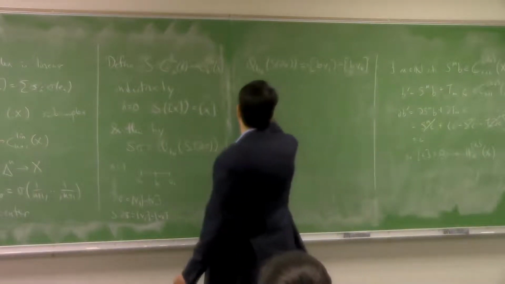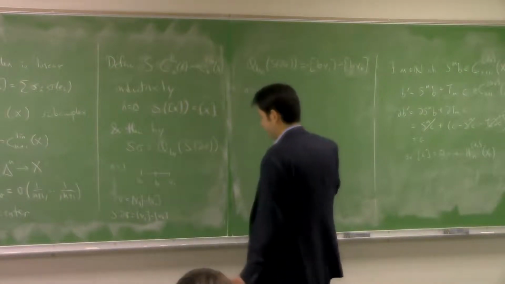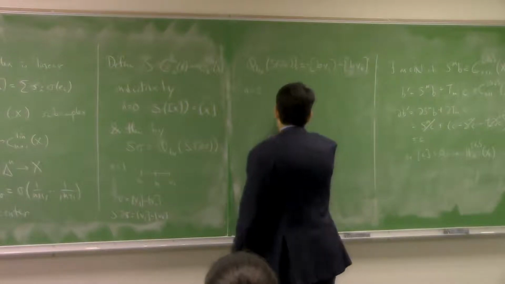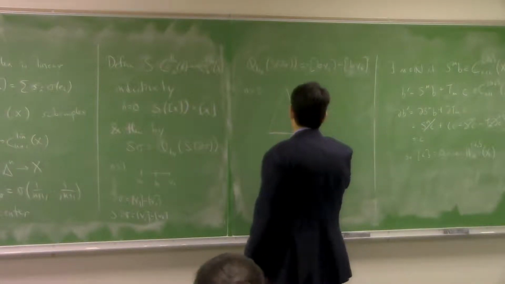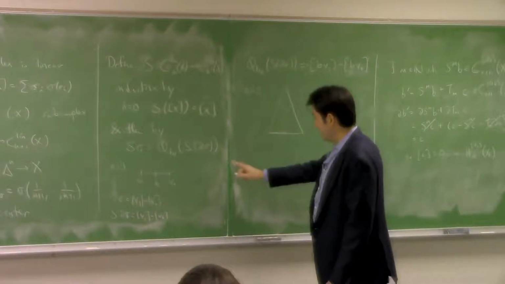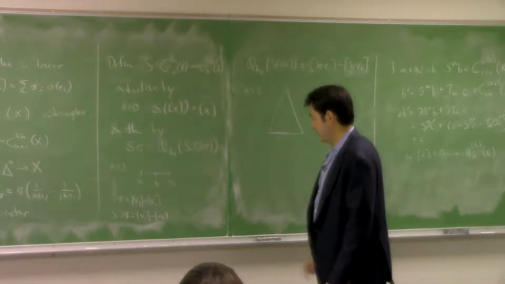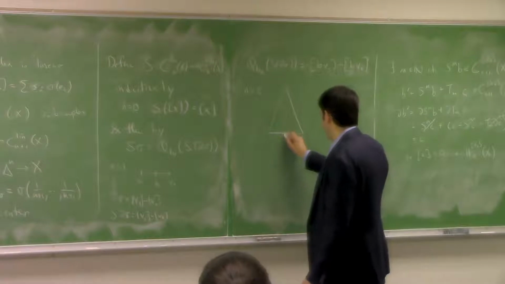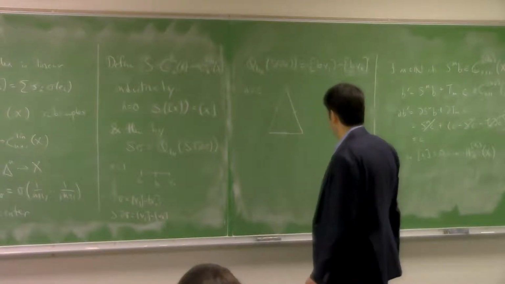Okay, if n is equal to 2, then what you're doing is, well, you're going to do S of the boundary. Great, so every face gets divided in half.